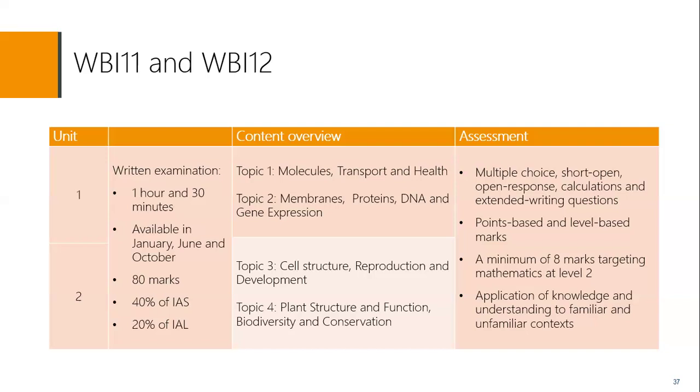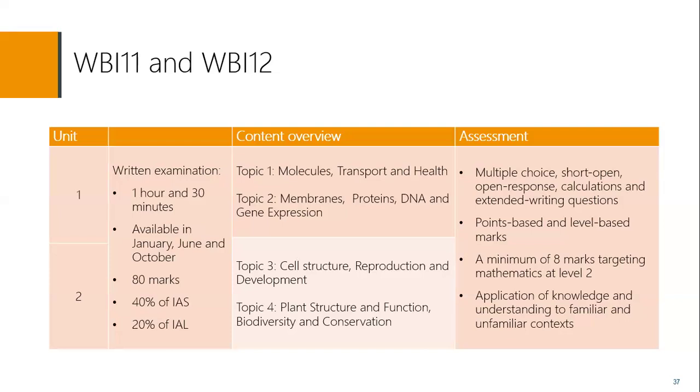This equates to approximately 1 minute for each mark. There's no synoptic assessment in these units. So in actual fact, candidates could take the Unit 2 examination after studying topics 3 and 4, before studying topics 1 and 2, although this is not recommended because it is designed to develop biological knowledge.